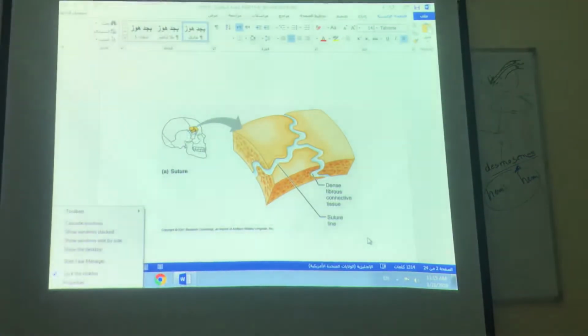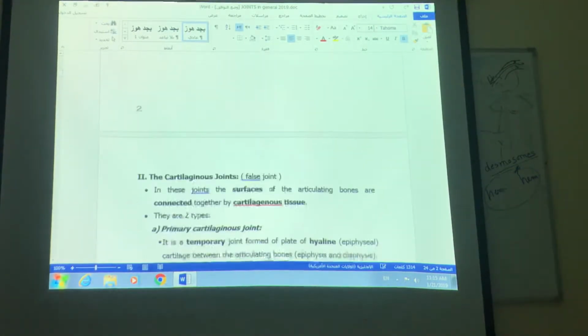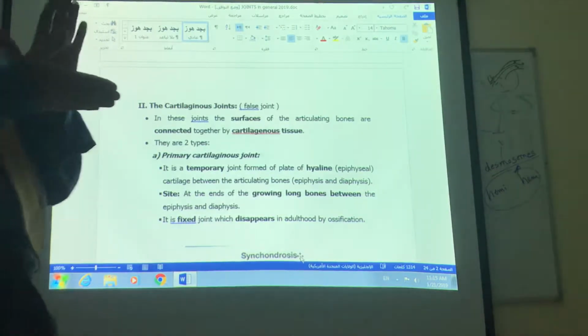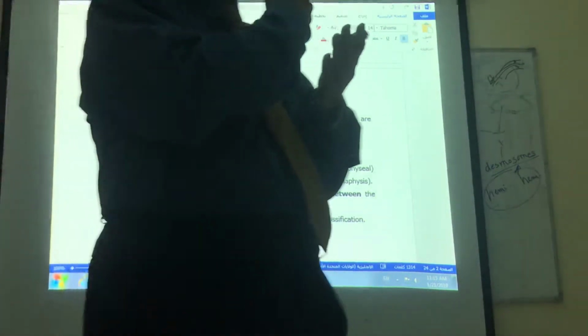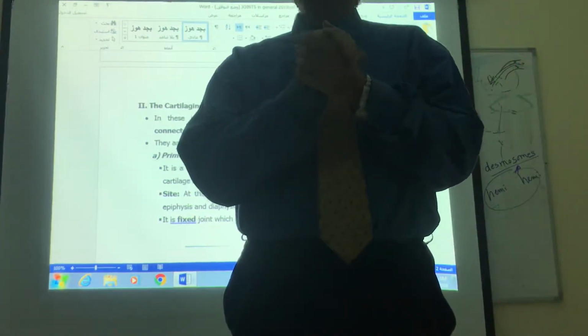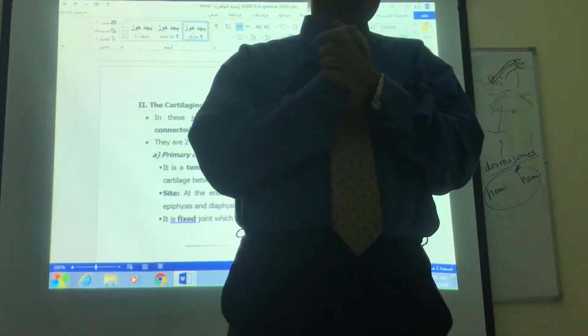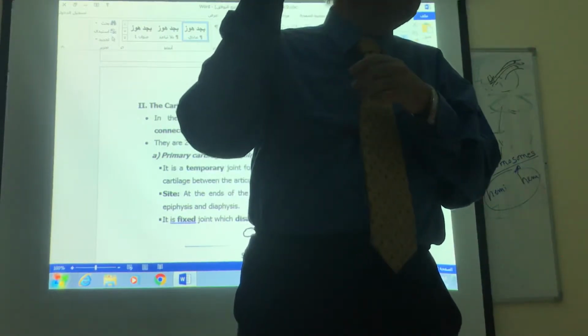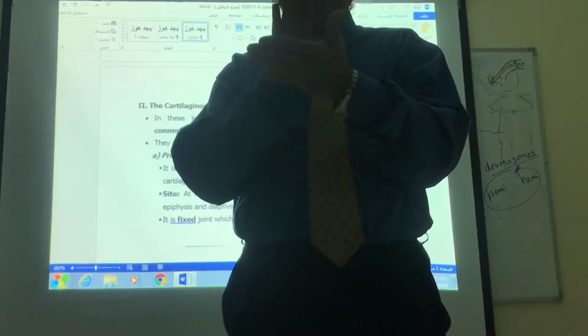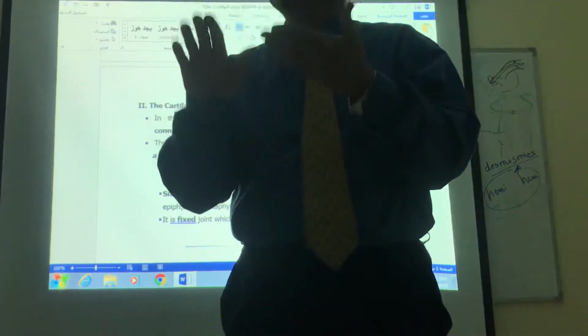The same in the second type of joint. The second type of joint is called cartilaginous joint. The surfaces of the articulating bones here are connected by cartilage, not fibrous tissue as the previous type. The surfaces of the two articulating bones are connected with cartilage.